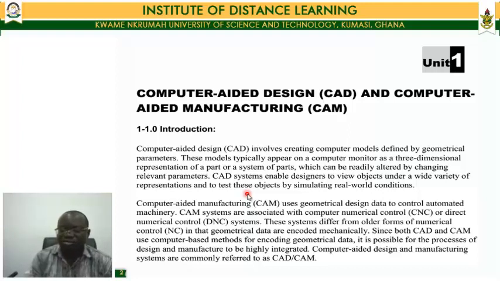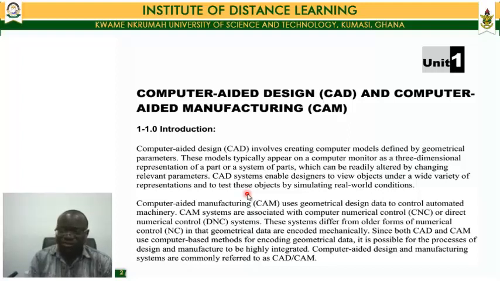For instance, you can use the drawing dimensions and the coordinates to do what you call numerical control or computer numerical control, which is CNC, or a direct numerical control system, which is DNC. Now, when we say CNC, it is basically a form of machining equipment. It could be a mill or a lathe machine, but it is controlled by an onboard computer. We'll go into details as we go along.